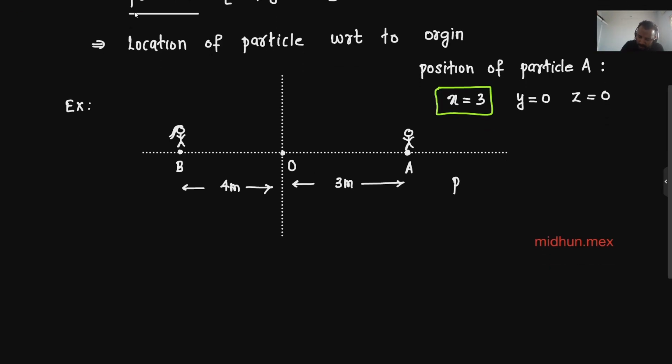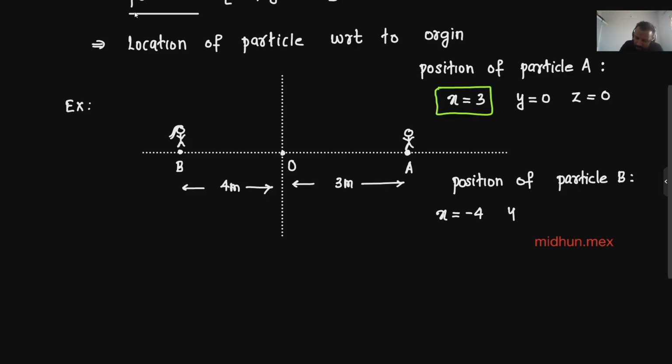You need to find the position of particle B. I should know what is the position of particle B. To find it, look there. Wife is standing on where? Negative x-axis. So negative x-axis means x coordinate, you should say minus 4 meters.